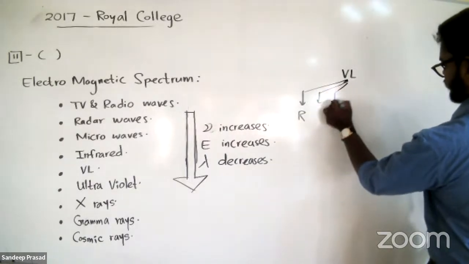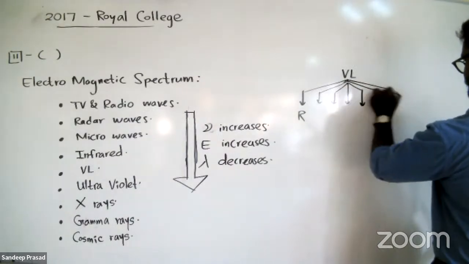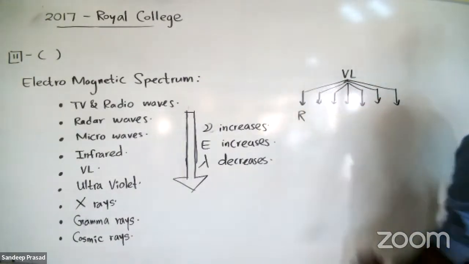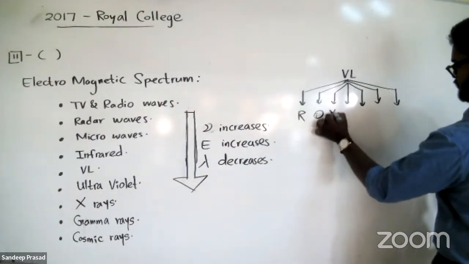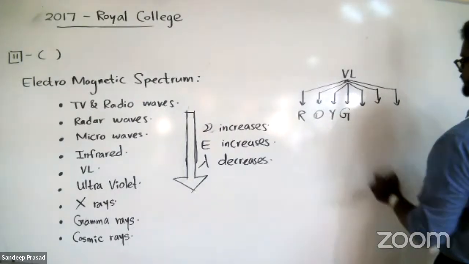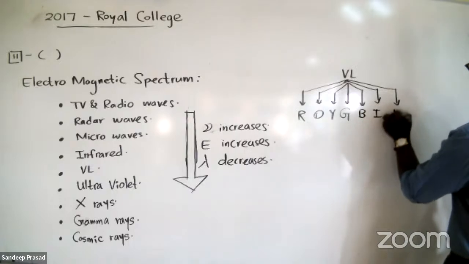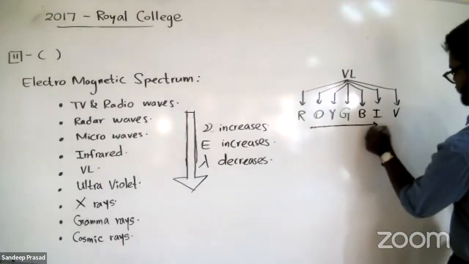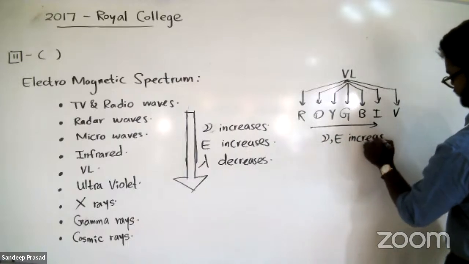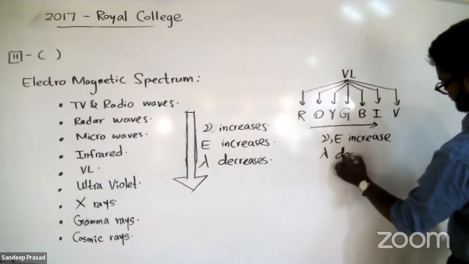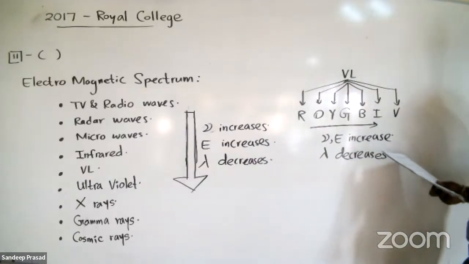Red, orange, yellow, green, blue, indigo, violet. In this direction, frequency and energy increase, and lambda wavelength decreases. Very easy, eh? These are simple theories we learn, isn't it?